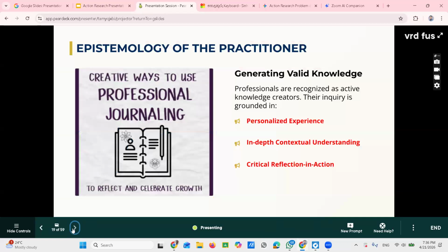Then the other main point, this particular word, epistemology, meaning generating knowledge. Doing research means generating new knowledge. How are you going to generate the new knowledge? Through personal experience, in-depth context understanding, and critical reflection.